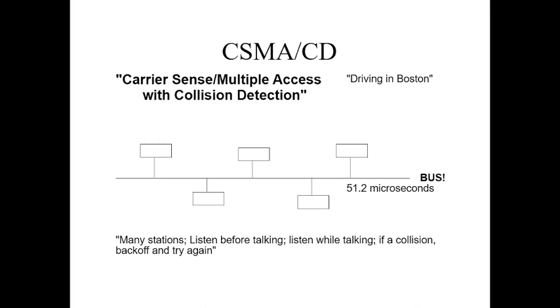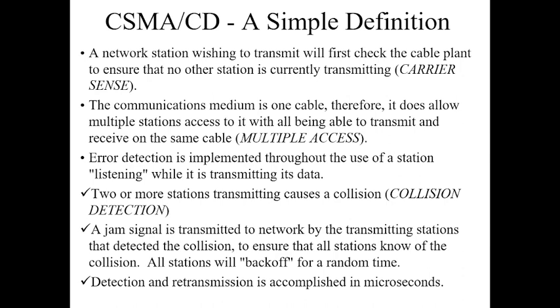A simple definition of CSMA/CD: a network station wishing to transmit will first check the cable plant to ensure that no other station is currently transmitting.